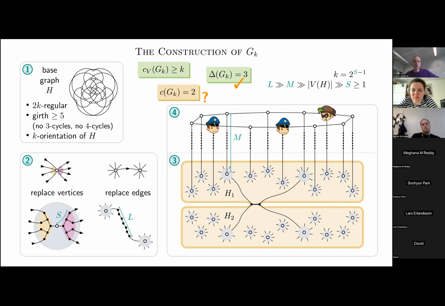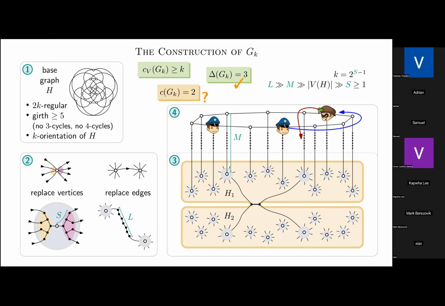So what can I do? Well, it's obvious. I can just say one cop stays where he is, and the other cop just goes after the robber. So what can the robber do? He cannot come towards me. He's going to be caught. He cannot escape. He's going to run to the other cop. So at some point, he must decide to go down. And remember, he cannot come back up again, because this here is m long, and m is much longer than the cycle is long.